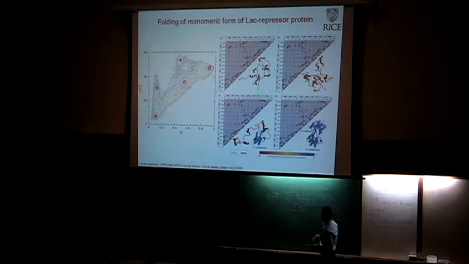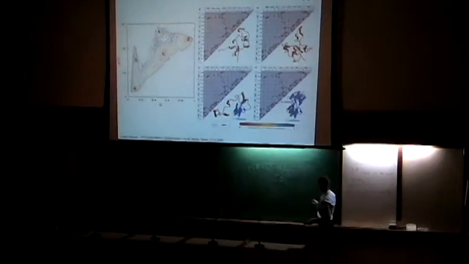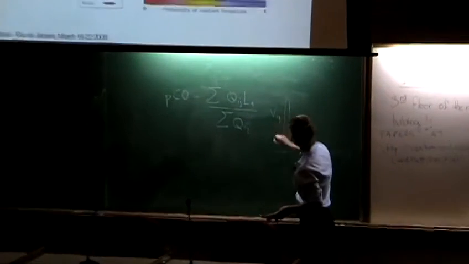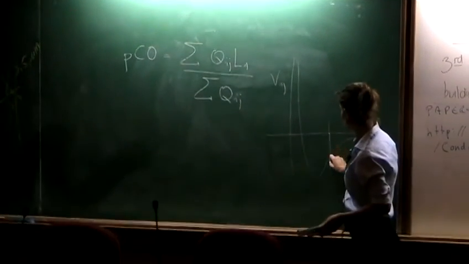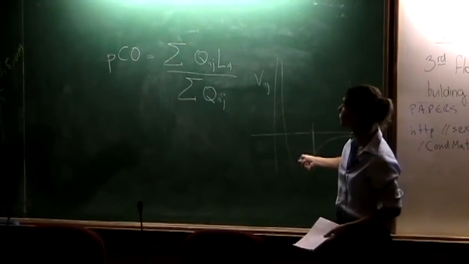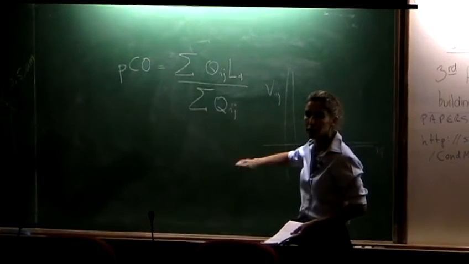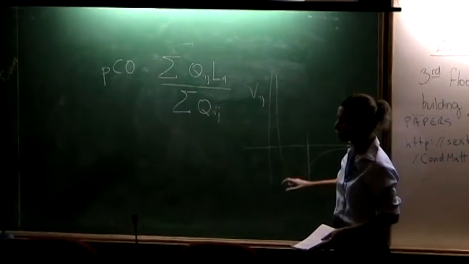Remember, I'm using a potential like this, so if this is the distance R, and this is the potential Vij, if the two residues are within a certain cutoff distance Rij, I consider this interaction successful, and I discretize this in the function Q, which is either 0 or 1 if the contact is formed or not.